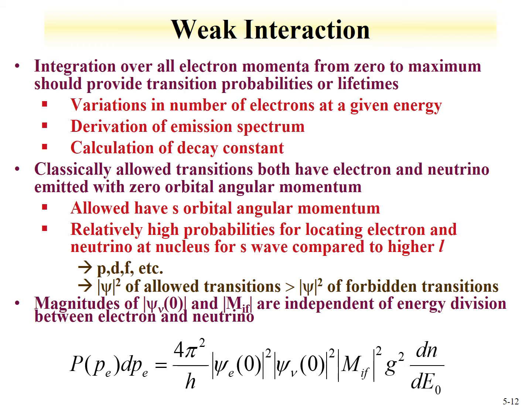So we're going to call these first, second, third, etc. forbidden transitions. And what we're going to see is that the allowed transition elements are going to be larger than the forbidden elements.